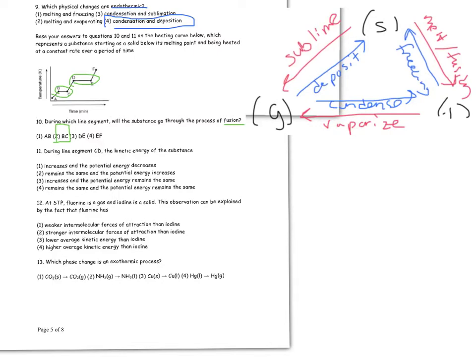In the next question, we're asked to examine line segment CD. So line segment CD is this sloped line here. And in this sloped line, we can see that we're asked about the kinetic energy. Now kinetic energy, or the average kinetic energy, is the same thing as the temperature. So essentially the question is asking what is occurring with the temperature. So we can see that the temperature is increasing.